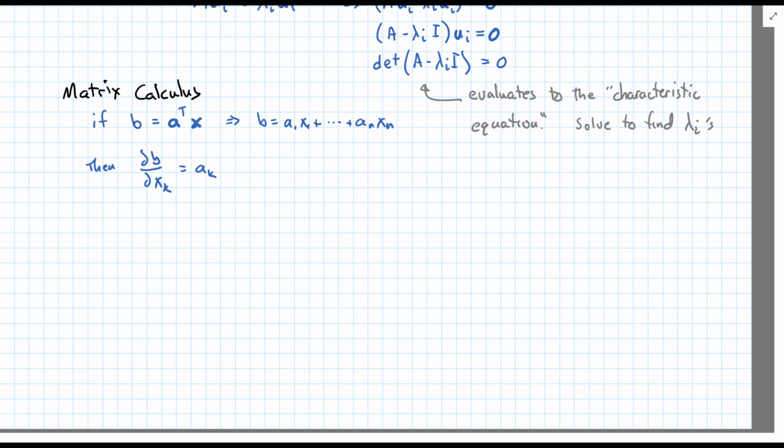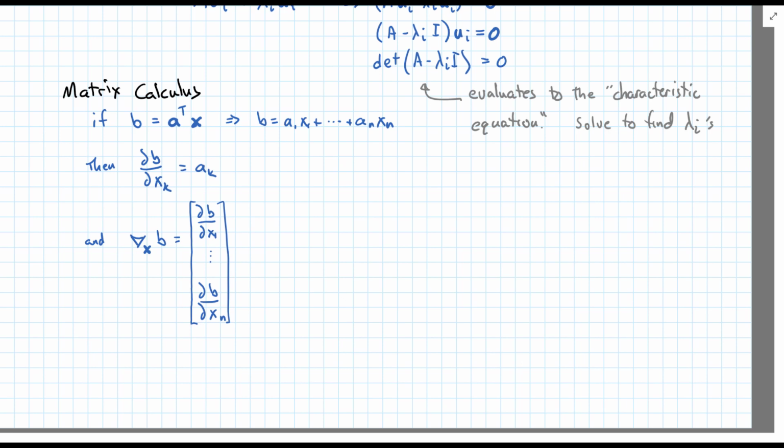Often we want to find the gradient of B with respect to X. And we'll write that using the nabla notation, where the gradient with respect to X of B is going to be defined as the column vector of the partial derivatives of B with respect to the X elements. And we've just above defined what each of those are.